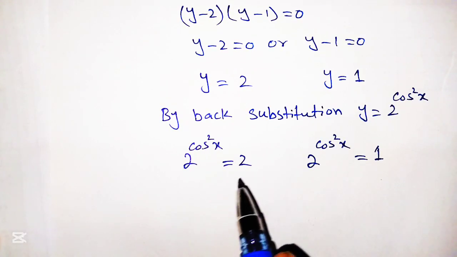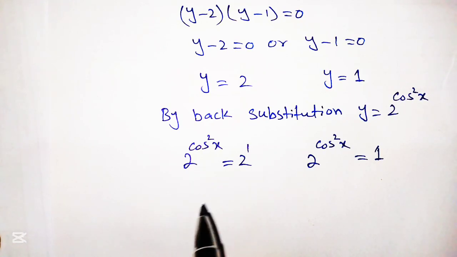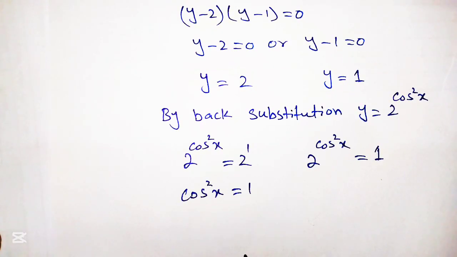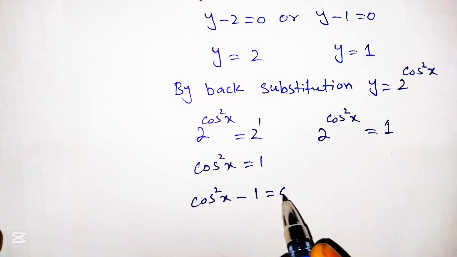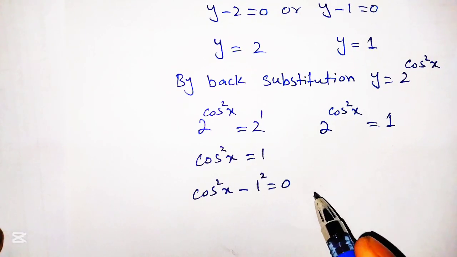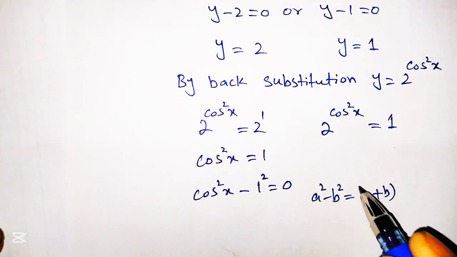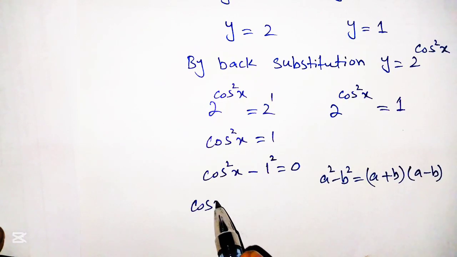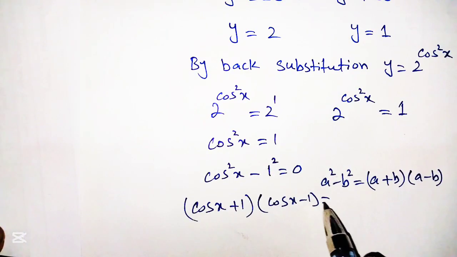From this we can write 2 as 2 raised to power 1, and comparing left hand and right hand side we get cosine square x is equal to 1. Simplifying this, cosine square x minus 1 is equal to 0, and now we can write this 1 as 1 square, and using the formula a square minus b square is equal to a plus b times a minus b, we can write it as cosine x plus 1 times cosine x minus 1 is equal to 0.